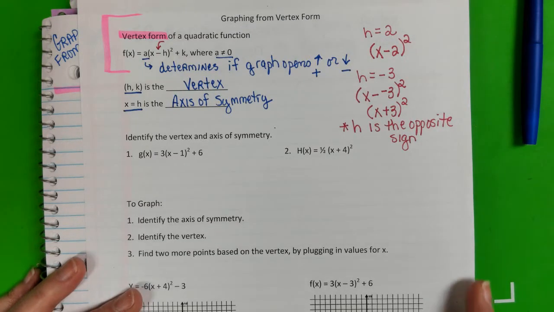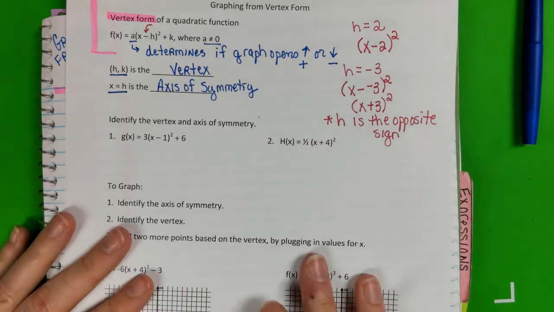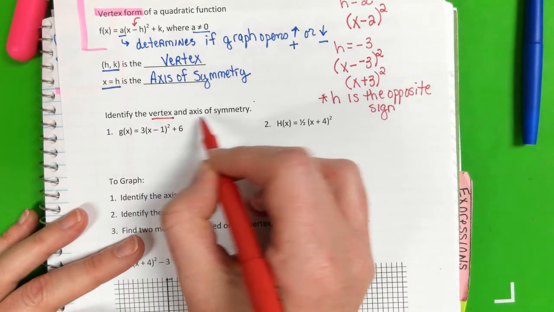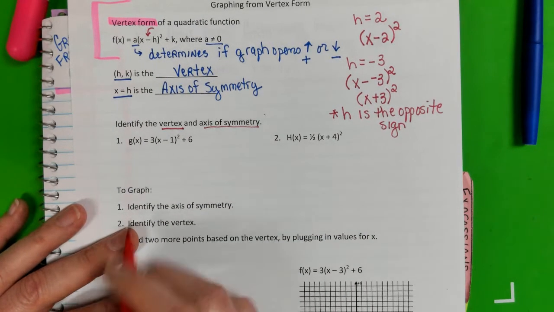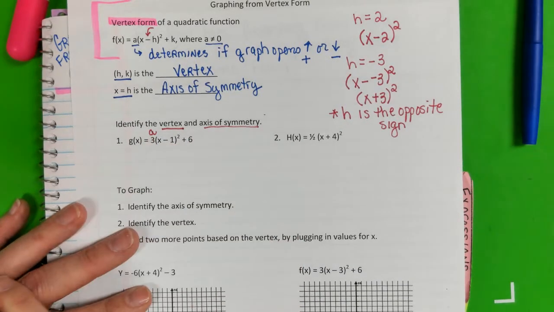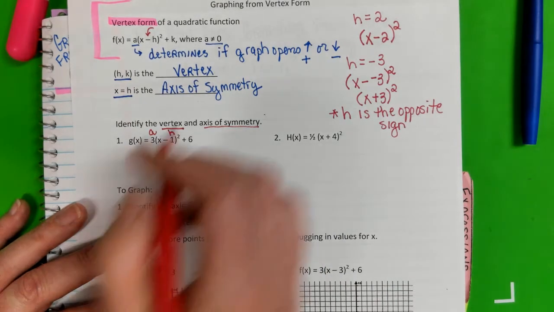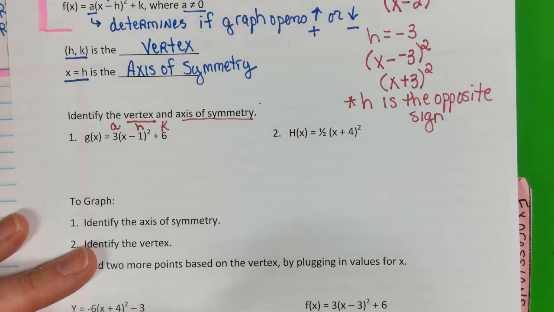Okay, so let's look at our equations. And let's just practice first identifying the vertex and the axis of symmetry. Okay? It may be helpful to go through and label things. 3 is our a value. Here is our h value. Here is our k value. Okay?